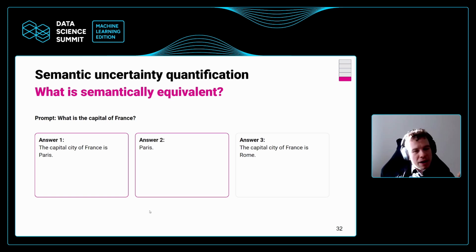Now imagine that our LLM actually returns the first answer, but it is very, very uncertain between the first and the second answer. So the probability of the first token being "The" and then following "capital city of France is Paris" is like 0.4. And then "Paris" is like 0.30 something.